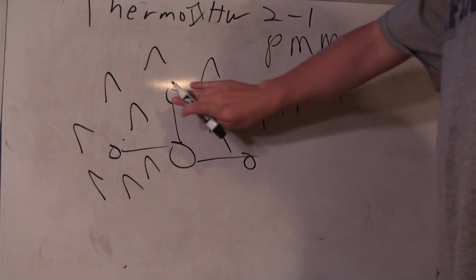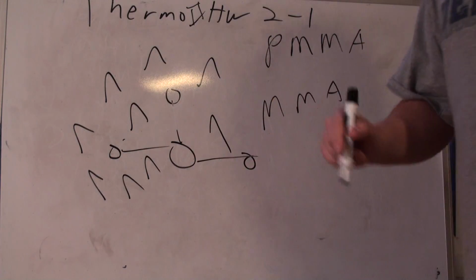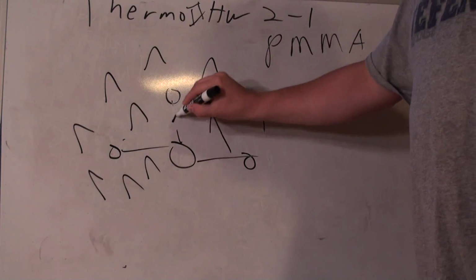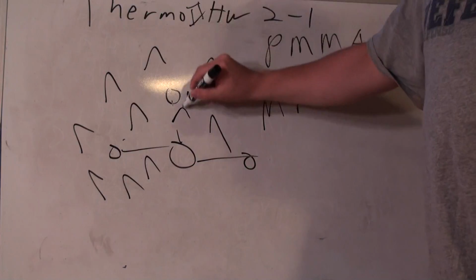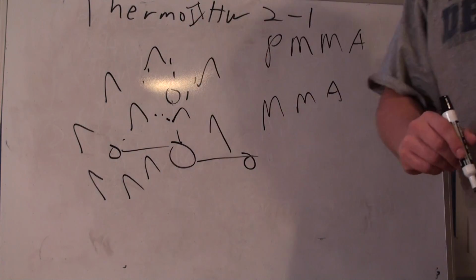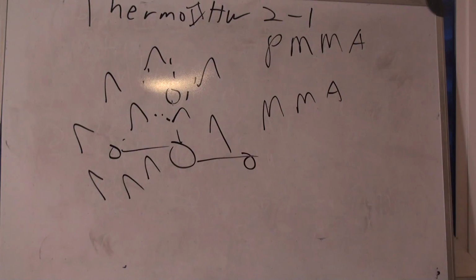Now here, in this kind of context, I lost my red marker. So in this kind of context, there's still a lot of hydrogen bonding between waters, and slightly hydrogen bonding with the methylmethacrylate itself, okay?